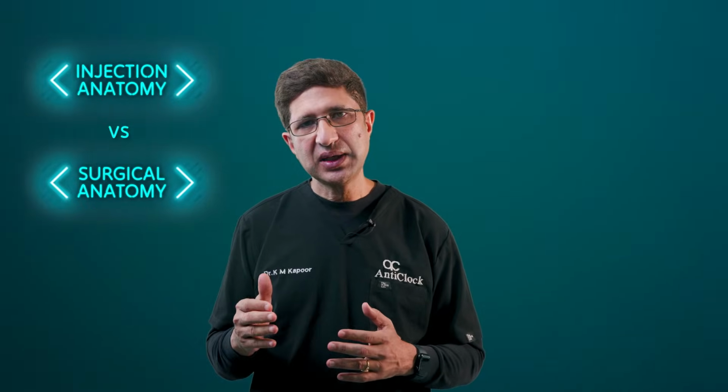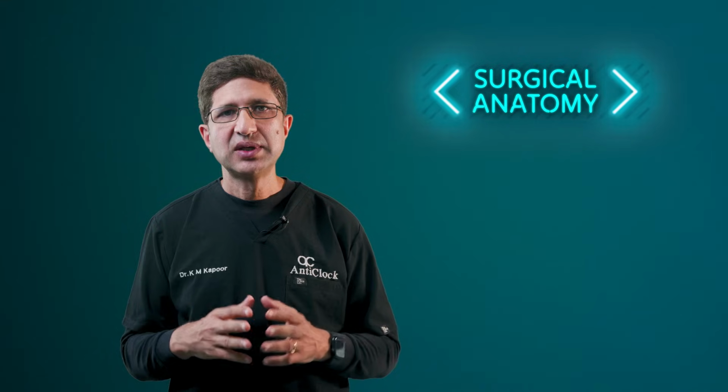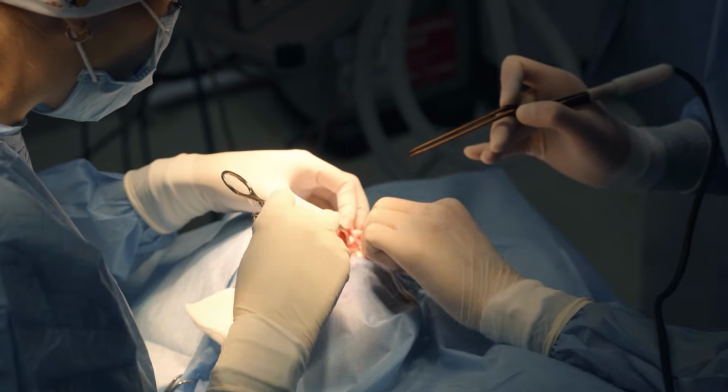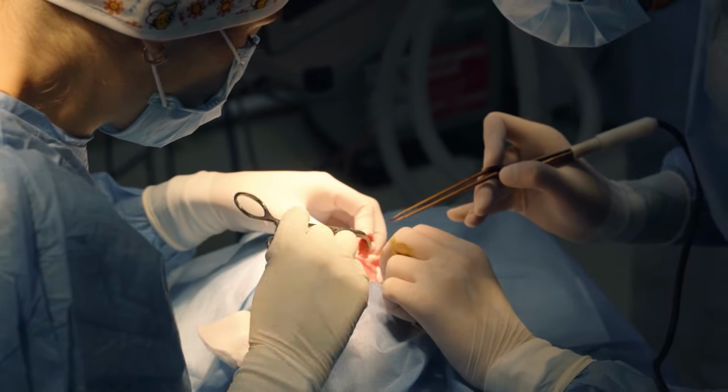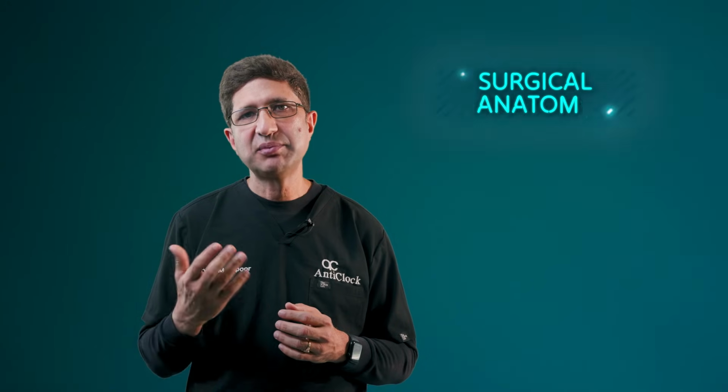Now let's talk about one of the most important aspects of today's video, the difference between injection anatomy and surgical anatomy. Surgical anatomy is the anatomical knowledge you rely on when you are performing surgery, which usually involves physically cutting into the body to gain direct visualization of the structures which are lying beneath the skin and subsequent layers.